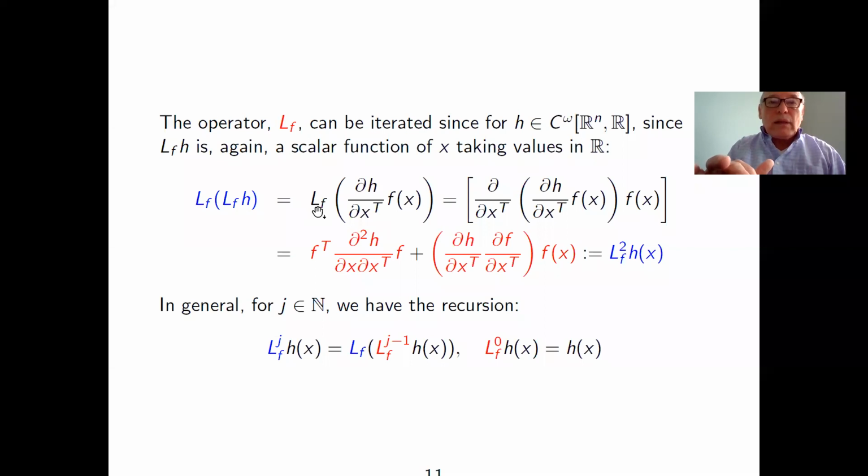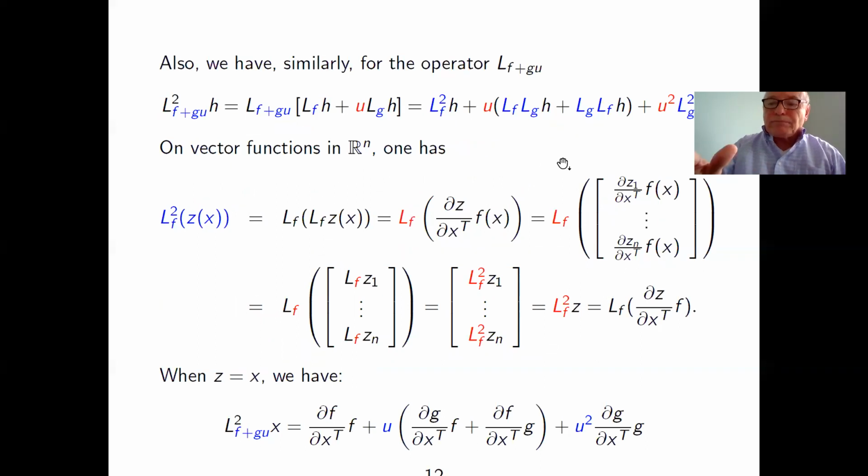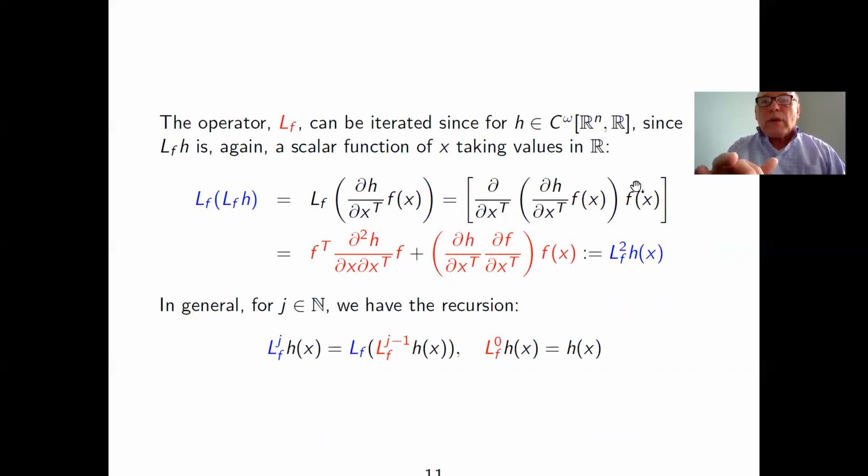And the directional derivative along f of this scalar function will be, again, the partial derivative of all these functions with respect to x multiplied by f. And therefore, in this simple iteration, we have concealed this more or less complex computation.